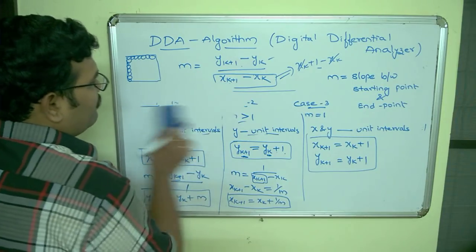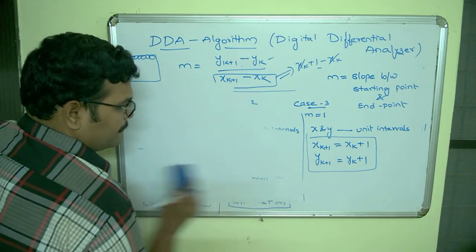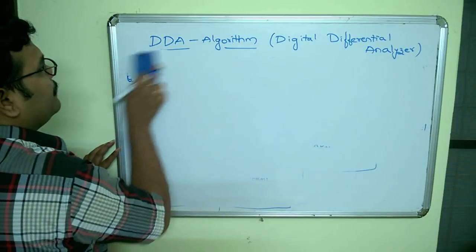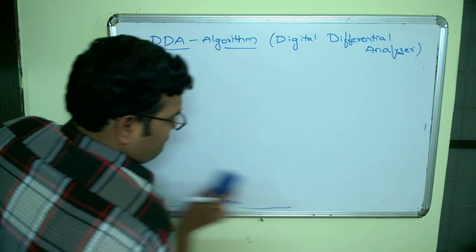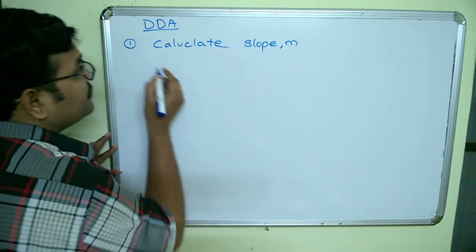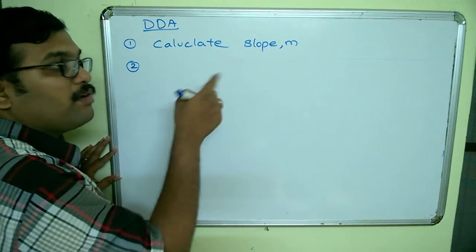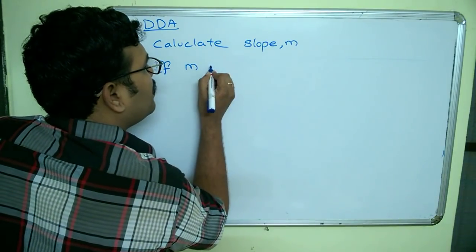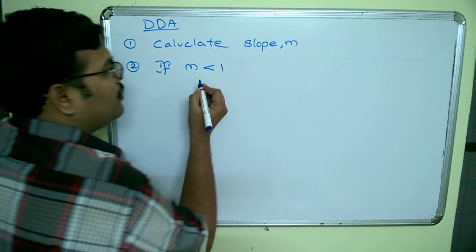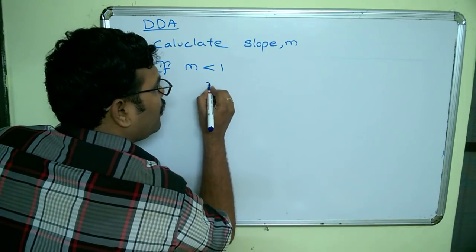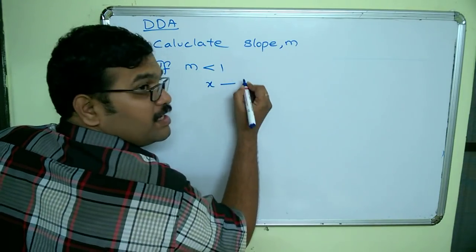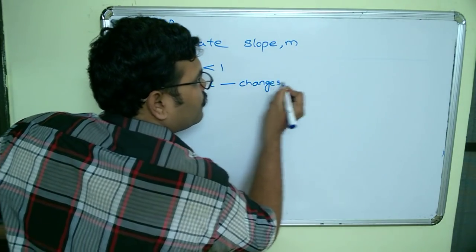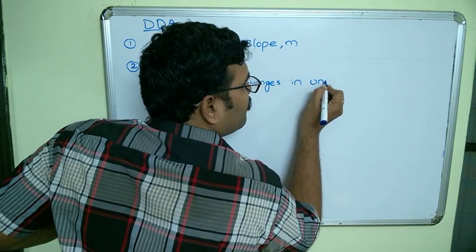Now let us have a brief look once again. After calculating the slope m, if m less than 1, x changes in unit intervals.